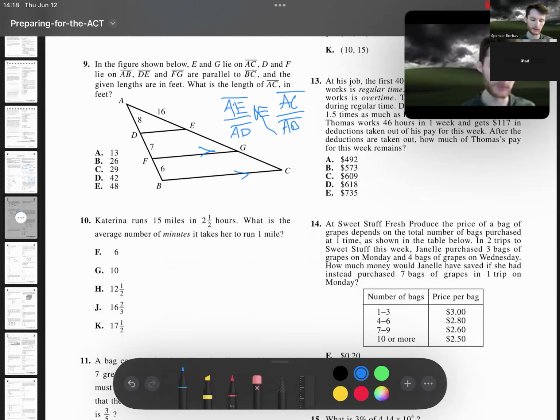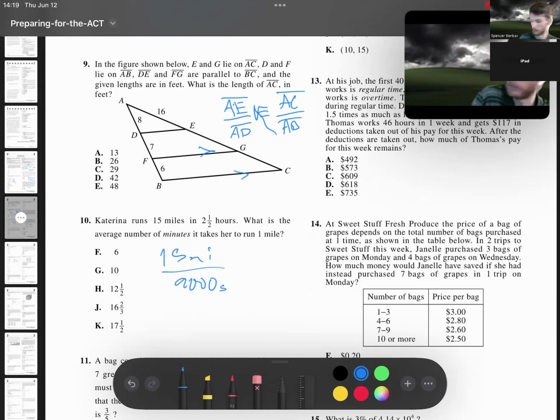Let me convert speed to miles per minute, which I have a feeling might not be a nice value. 2.5 hours, there are 3,600 seconds per hour, that means 9,000 seconds. So she runs 15 miles per 9,000.